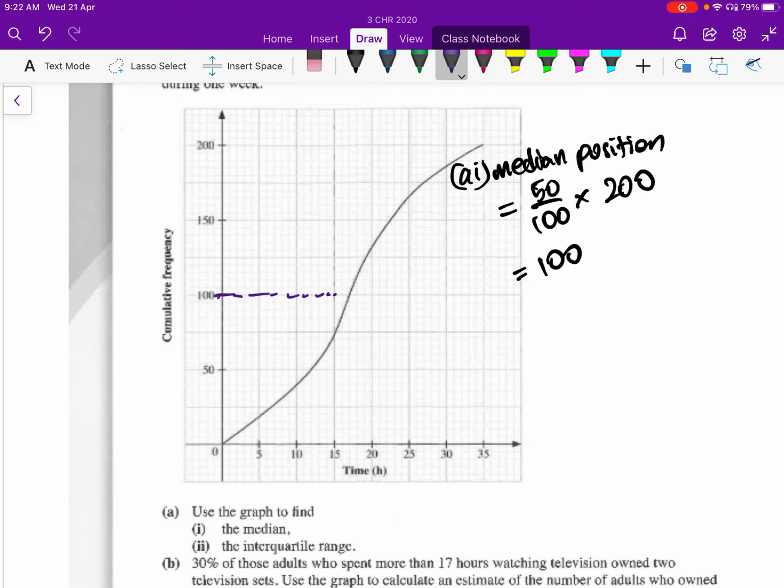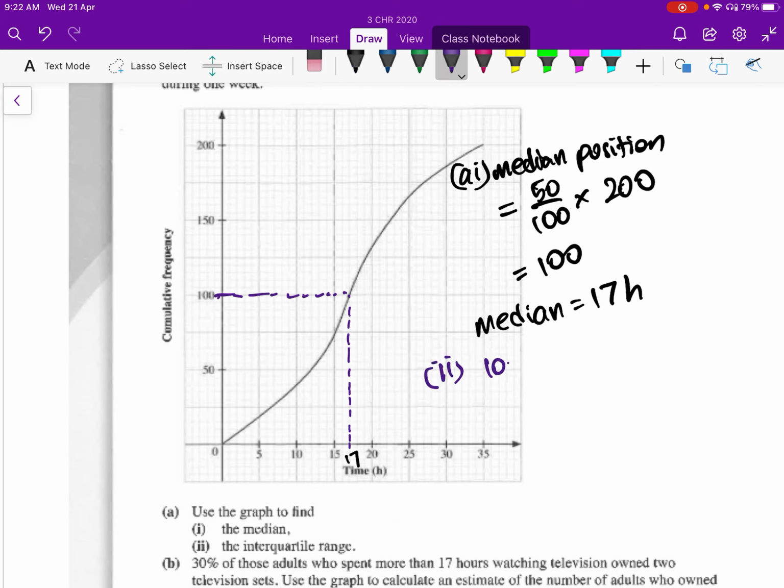So what is the time? What do you all see? 15, 16, 17? Is it 17? Because I cannot see clearly. Okay, so part A, part 1, median, 17 hours. Just find the middle and find the corresponding time. Then now for the interquartile range, part 2.